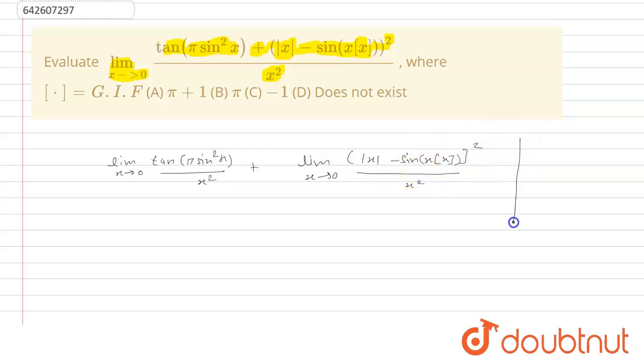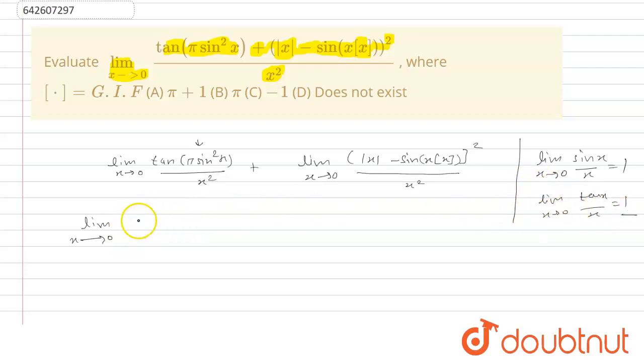And we know that if limit x tends to 0, sin x upon x equals 1, and limit x tends to 0, tan x upon x is also equal to 1. As we can see here, theta is equal to pi sin^2 x. So we need to multiply and divide by pi sin^2 x so that this will become equal to 1.